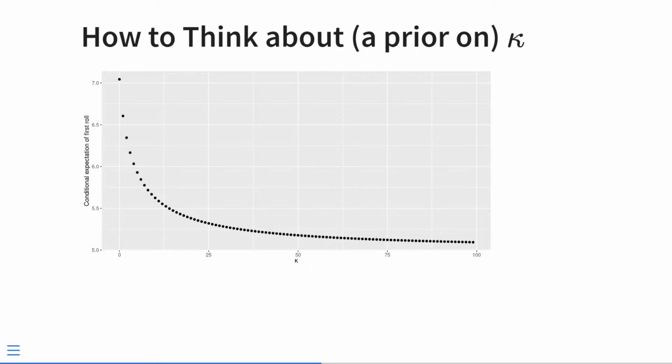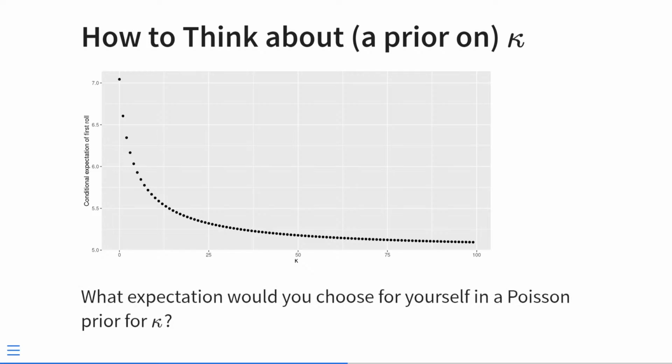And so my question for you is, what expectation would you choose for yourself in a Poisson prior over kappa?